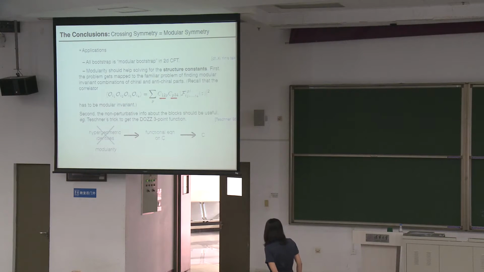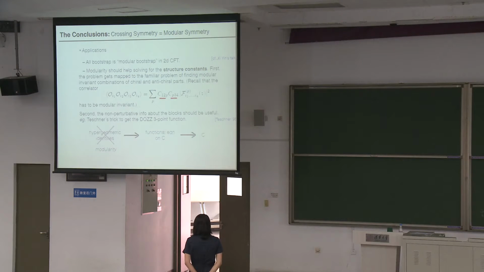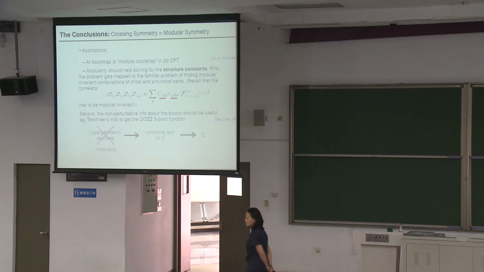And for instance, these structure constants that sit inside the correlators are pretty hard to get. What one can start doing is to use the modular form techniques, because this problem, namely to combine the chiral and anti-chiral part into something invariant, is what we're very familiar with, namely how to combine the characters into a modular invariant partition function.